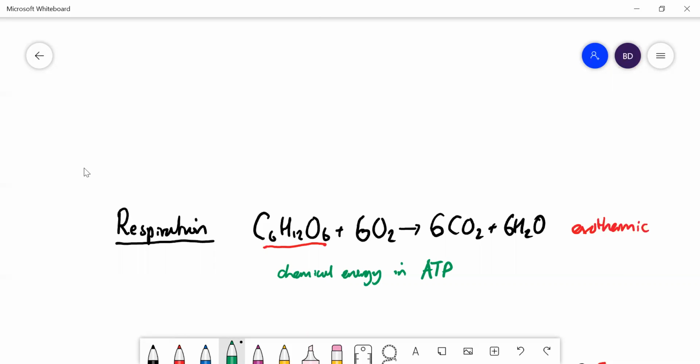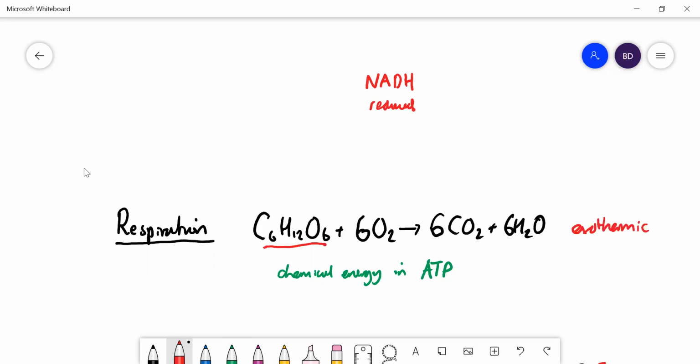There's another high energy compound which we need to talk about, and you probably haven't come across it before, and this is called NADH. It's actually nicotinamide adenine dinucleotide. So it is a nucleotide, but its job is all to do with energy. So NADH is the reduced form of it.